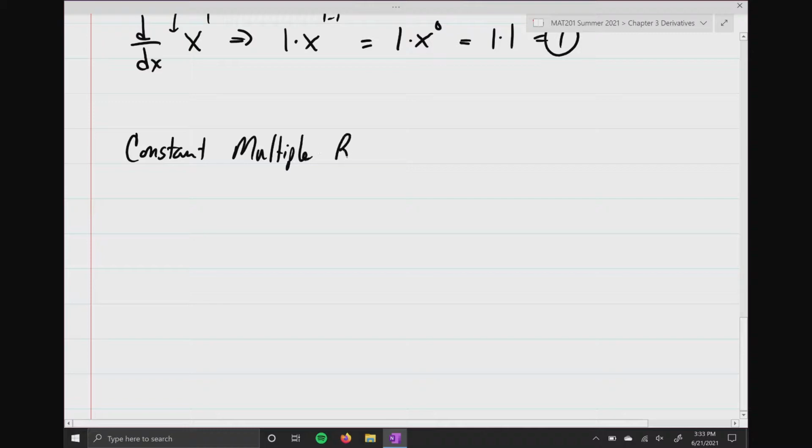Now, this rule we apply a lot, but once you get really good at this, a lot of people just blow right through this one. But you should be all right with it.